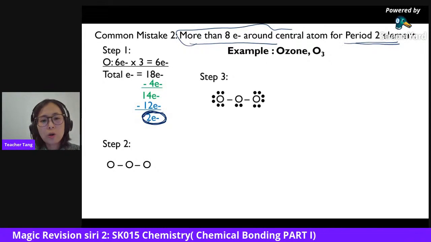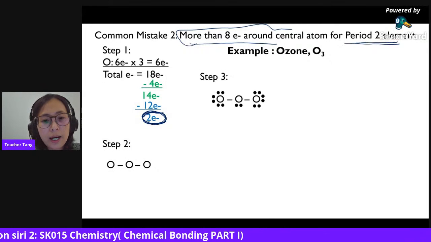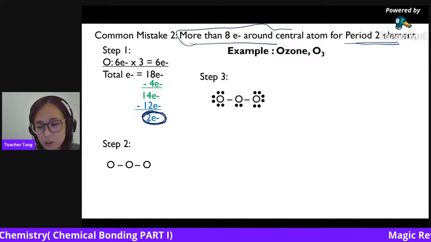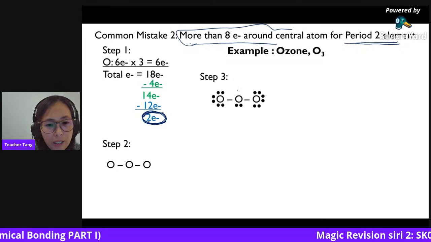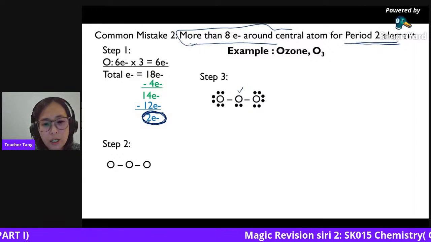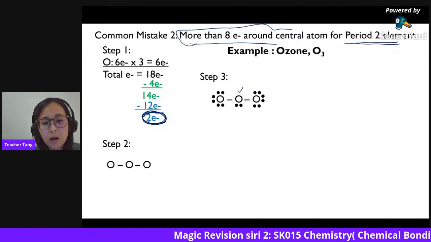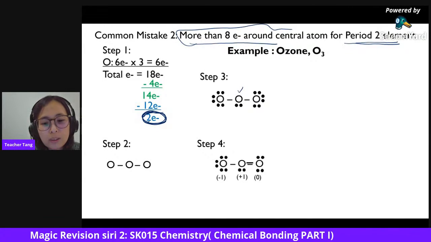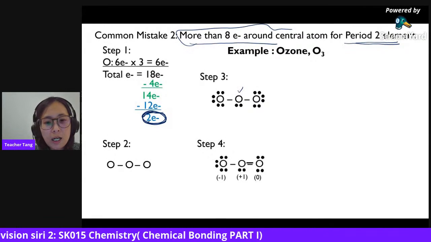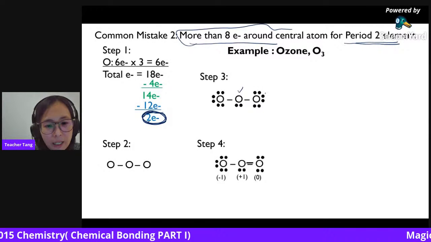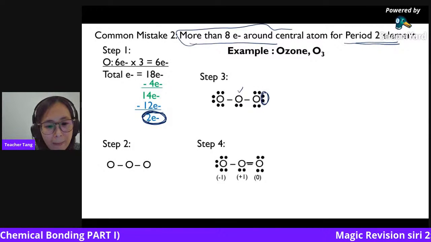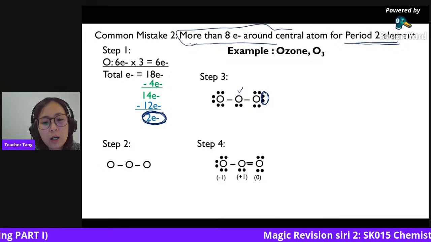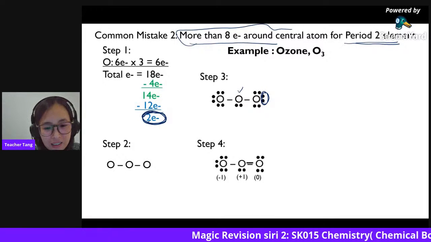After step 3, can you see that our central atom, oxygen, is not yet octet? So how can we make it octet? Again, in step 4, we use the lone pair on the terminal atom to make a multiple bond in order to make the central atom octet.